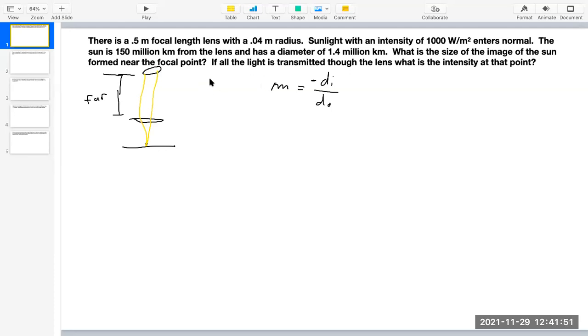So for the first question, our image distance over object distance, times -1, is going to be our image height over our object height.